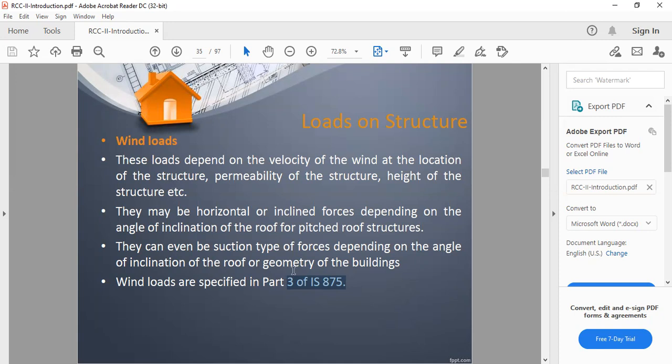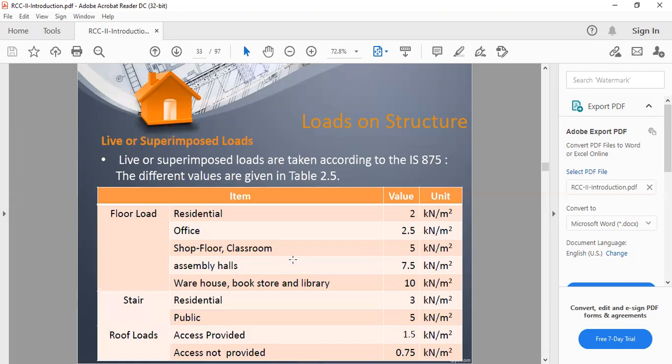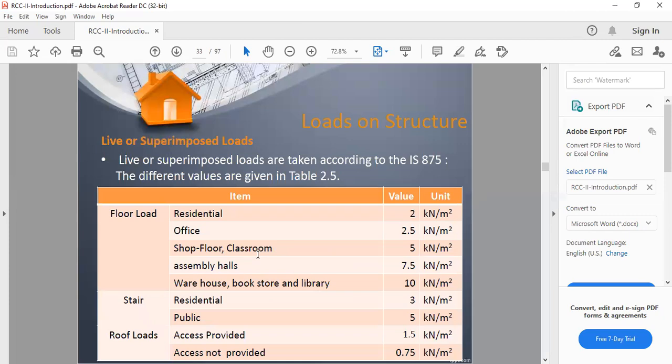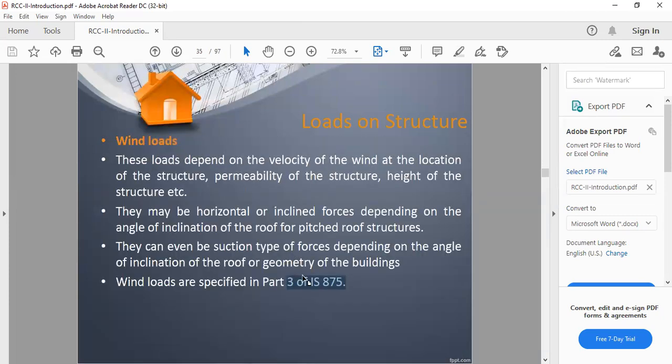According to the procedure in IS 875, you have to calculate the different parameters, and once you calculate them, you can take that load for the design purpose. So this was live load, and that was dead load. Dead load and live load are opposites. But for the wind load, you have to go through IS 875 part 3, and for different buildings, this calculation would be different.